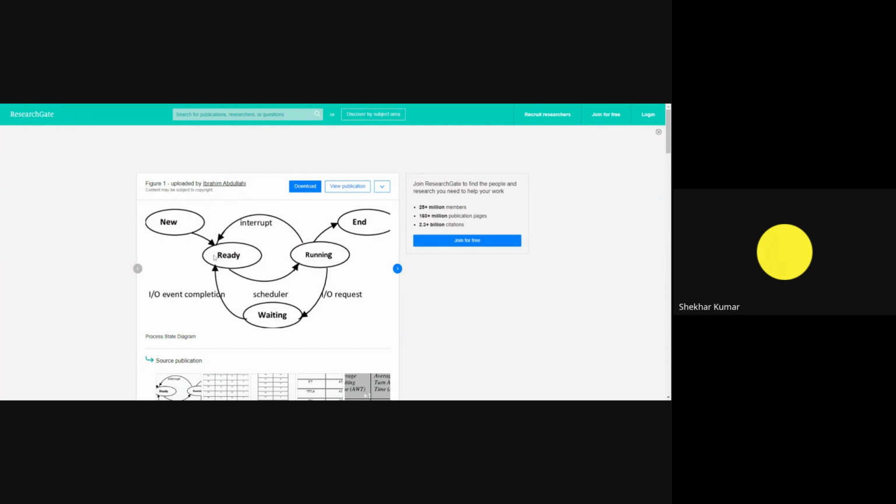If the process requires the CPU, then this process will be moved to your running state. Running state means the processor is now allocated to that process, that instruction. Now this process is executing in the running state.